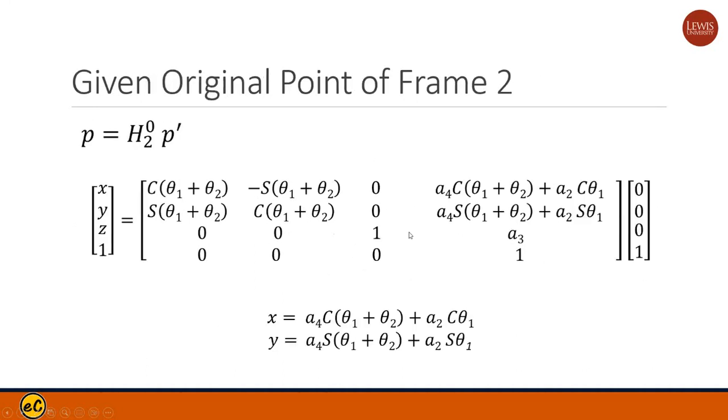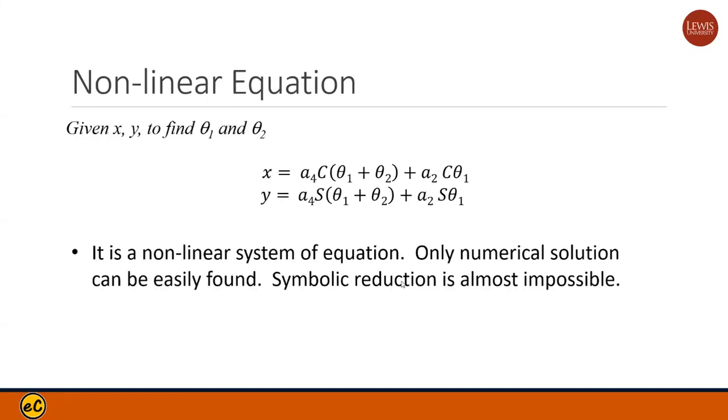Eventually you are solving some equation like this, but usually that is very difficult. It is solving a system of equations with trigonometric functions, which is not a simple task. It's a nonlinear system of equations, and numerical solution is possible, but symbolic solution is almost impossible.